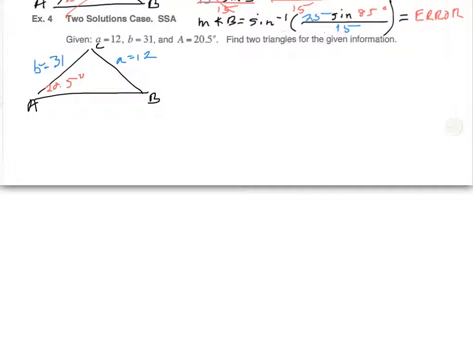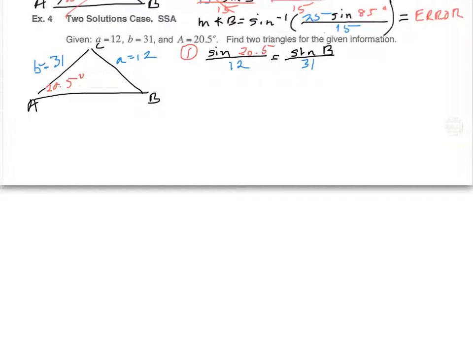We good so far? What's my first step? Use law of sines. So very first step, sine of 20.5 divided by 12, the side opposite, equals, since I have side B, I'm going to do sine of B. Again, if they gave you side C, you'd be doing sine of C divided by 31.